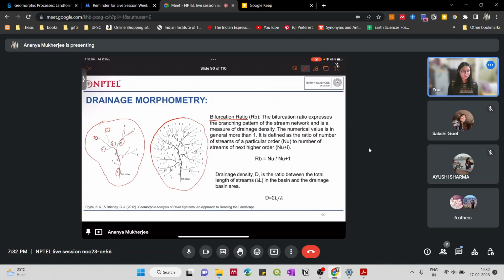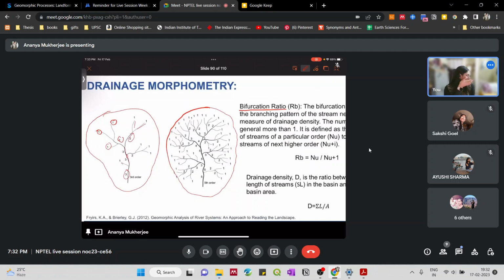Okay, so what is bifurcation ratio? This is going to give you an example of the drainage density. Over here you can see that the number of first order streams is less than the first order streams over here.